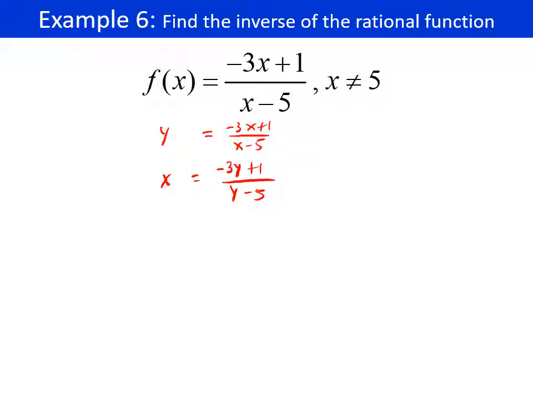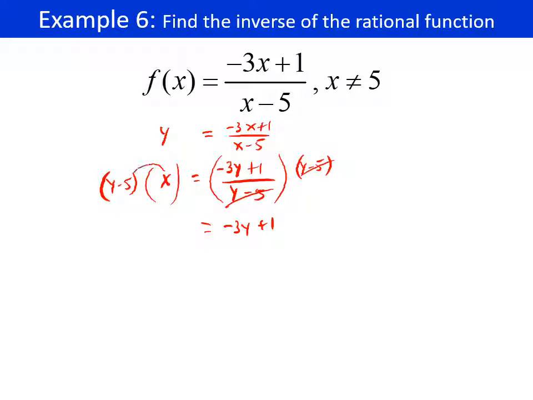As with any equation involving fractions, we'll begin by multiplying by the common denominator. That will make this into an equation without fractions.